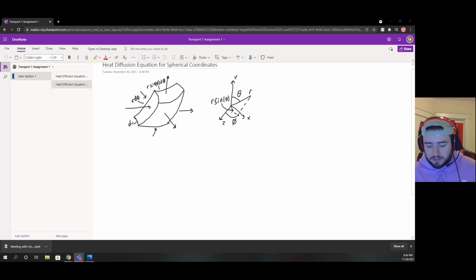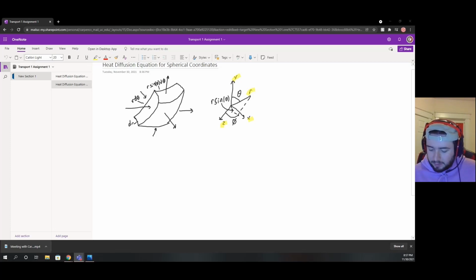All right, so now we're going to discuss the heat diffusion equation for spherical coordinates. A few things to go over before we dive deep into it. We're going to go over some of the dimensions for spherical coordinates. So obviously we have our x, our y, and our z, but now we have an r projecting outward.